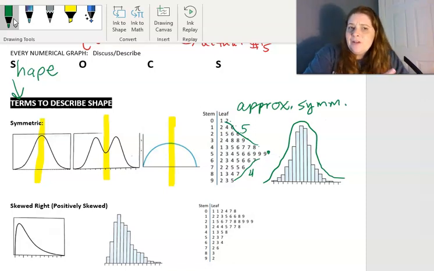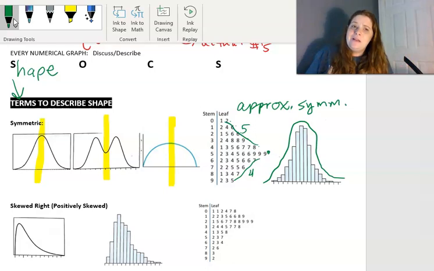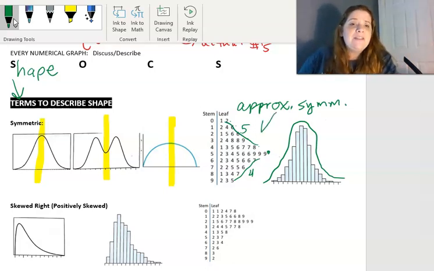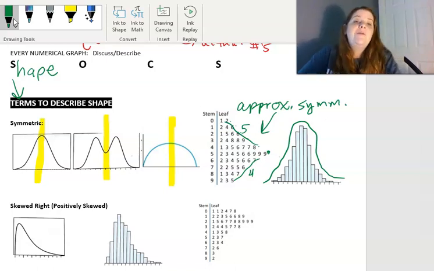Now, obviously that's not perfect, but they do seem to trickle off in the same way, and it's fairly close. So we're usually pretty safe to say that something like this is approximately symmetric. I would feel much more comfortable saying approximately symmetric here than I would saying skewed to the left. Now, if one of them dropped down and looked like a real tail, then I might go ahead and say skewed to the left instead.